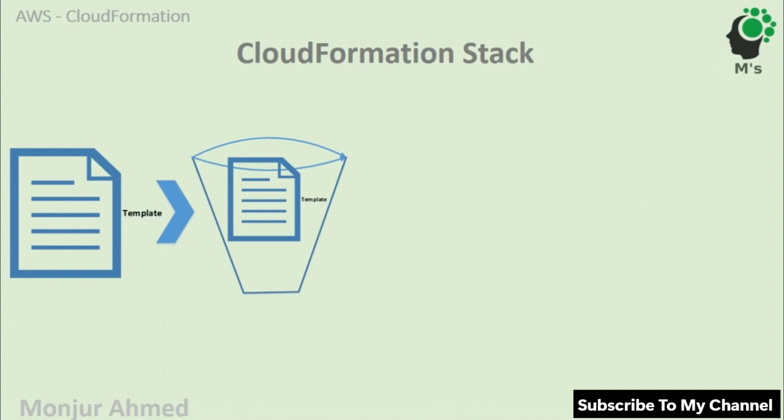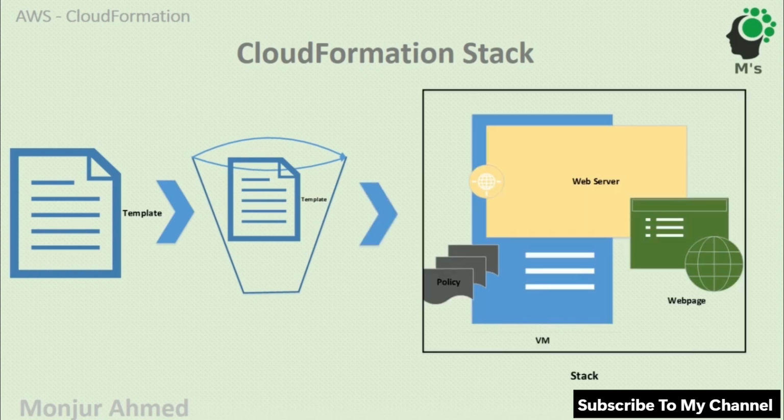Now, from the stored template, because in this template we gave instruction that we are going to have a virtual machine, on that virtual machine we will have a web server, and in that web server we will have, let's say, some web pages or one web page. And for all those things, we have some associated policies.